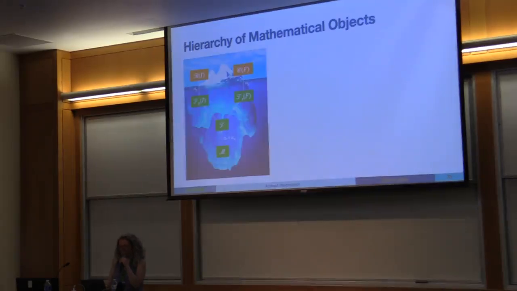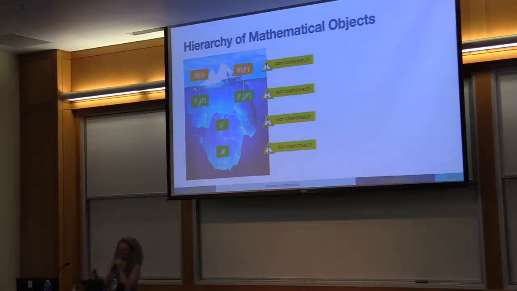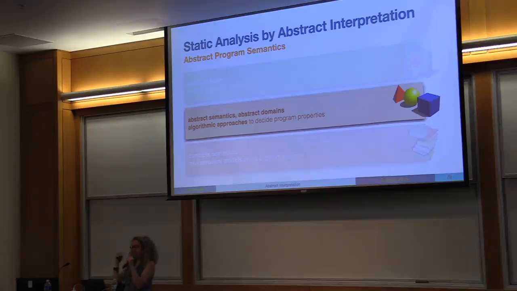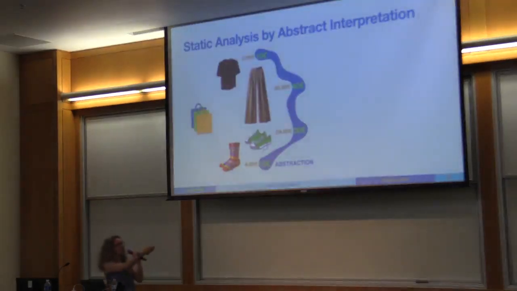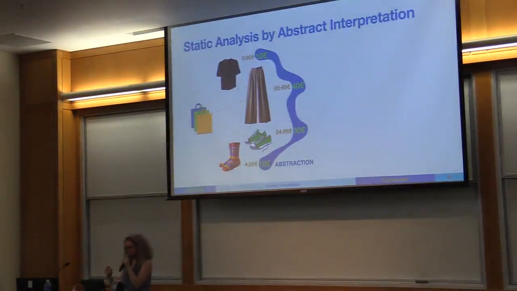Good. Okay, we can start the next bit and then we'll take a break. So as I said, this is a hierarchy of mathematical objects. None of them are computable. We cannot do anything with them. We cannot do any verification actually. And that's why we need to do the abstractions. And this is where we do the over-approximation.